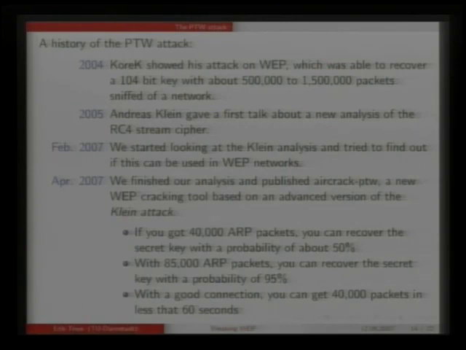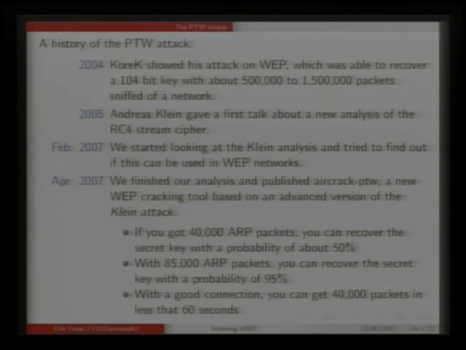And this was possible because you can receive about 800 packets per second from a fast network, sometimes more. And so you need a little bit more than 10 minutes to discover the secret key.